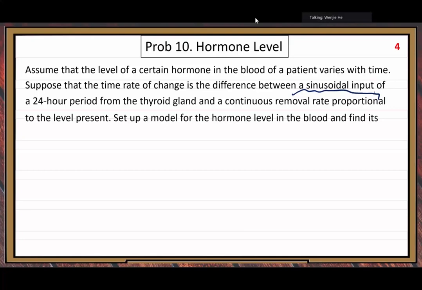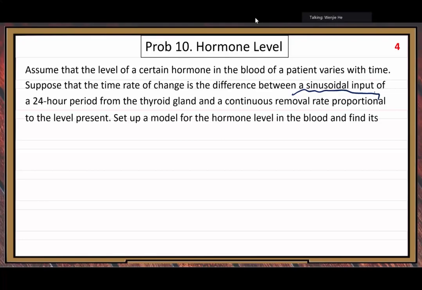So that's the first term. And there is a second term. Difference, so minus the second term. The 24-hour period is associated with that sine function or cosine function. Then continuous removal, the removal rate. What's the removal rate? Minus a certain removal rate.